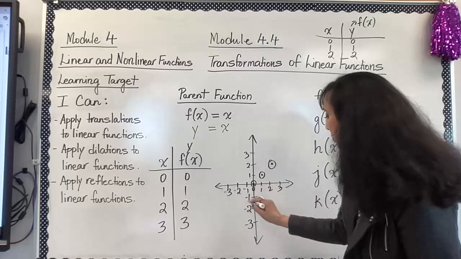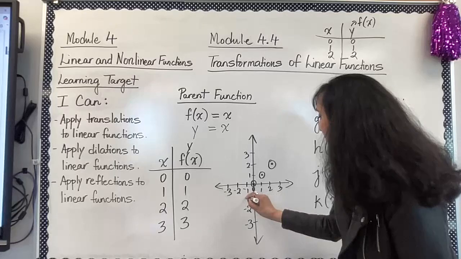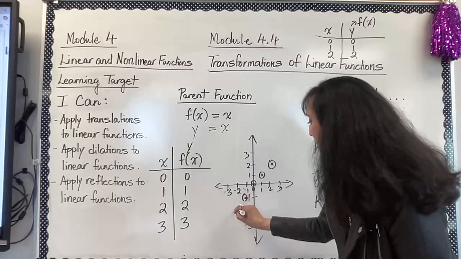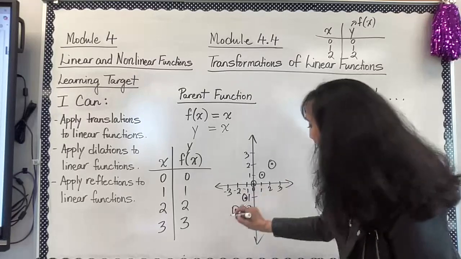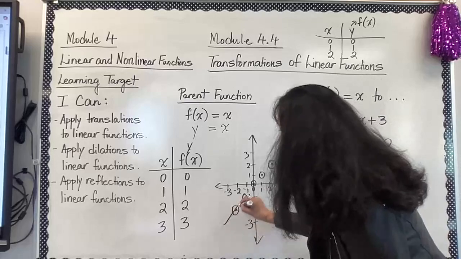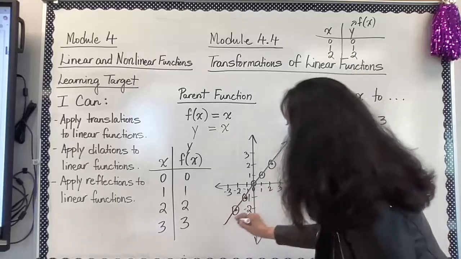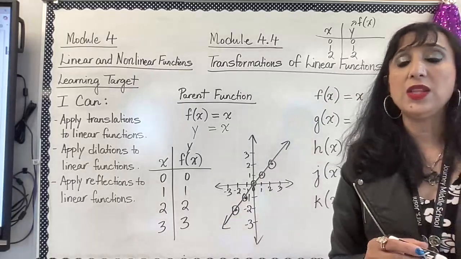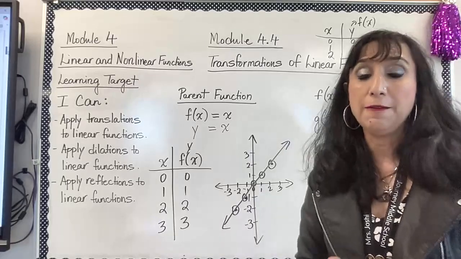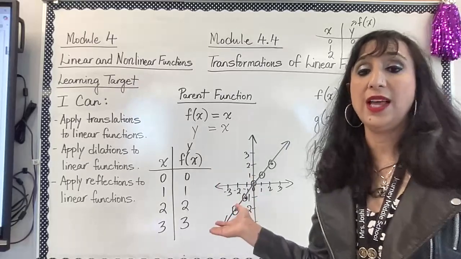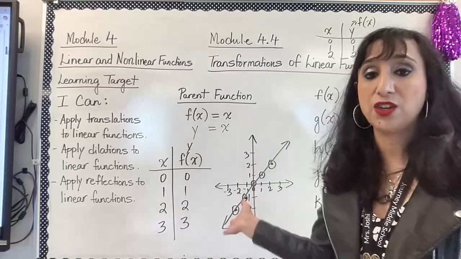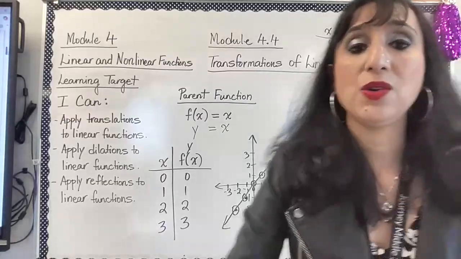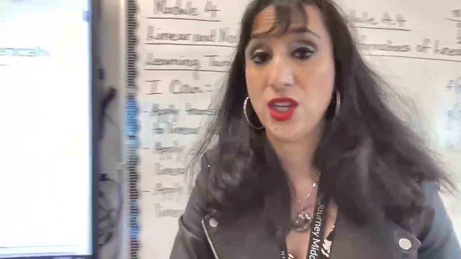If x is -1, y is -1. If x is -2, y is -2. So as you can see, this is a line that is going straight like this. There is my linear equation. And so this is the simplest form of a linear function, and that is why this is called a parent function.